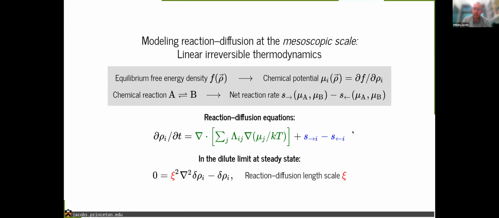If you take an equation of this form and go to a dilute limit at steady state, it can be rewritten into a more appealing form where you get this single parameter psi, which is the reaction-diffusion length scale. You can interpret this as how far a molecule can move on average before it undergoes a chemical reaction.